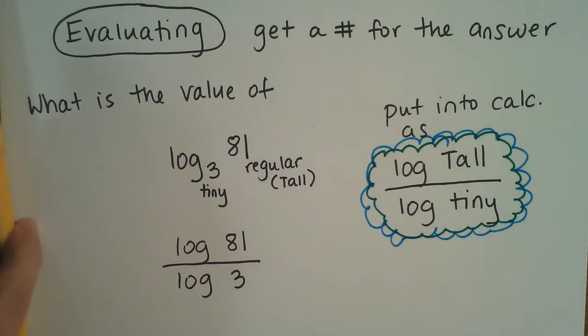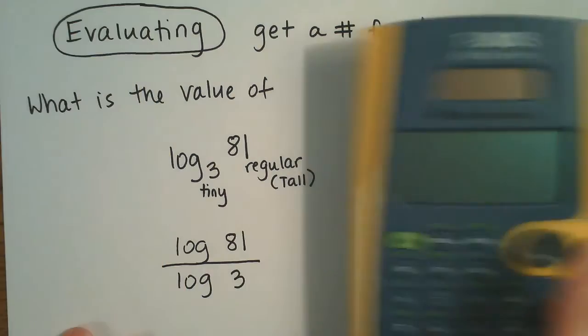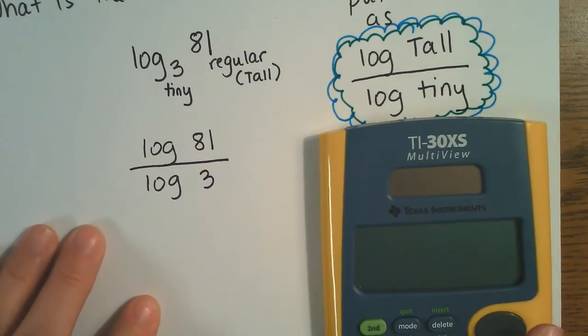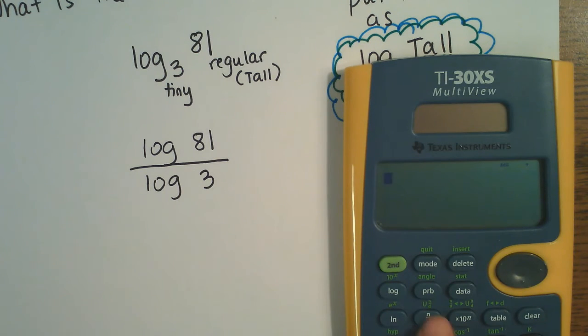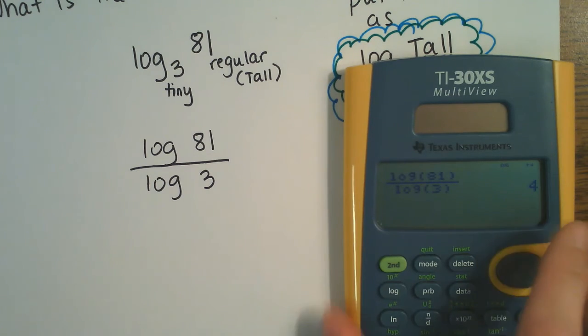I'll show you on my yellow calculator, but then I'm going to show you how to do it in Desmos. On my calculator, I would make a fraction, and I would put log 81 over log 3. The answer is 4.